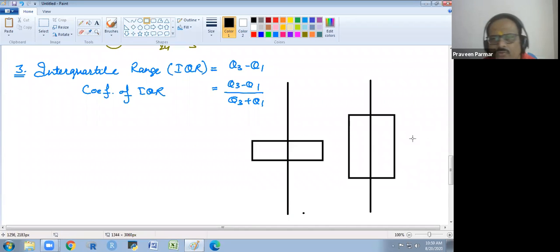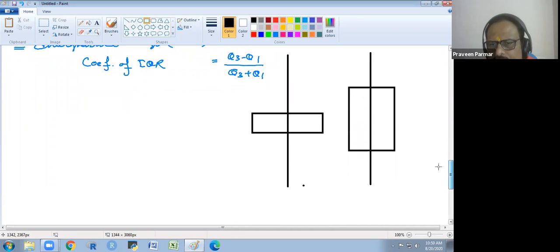This is our box plot. This is our minimum value. This is our maximum value. If there are some outliers, they would be outside as points. These are the first quartile and the third quartile, and the median line would be somewhere here. We are not talking about the median, we are talking about the quartiles.